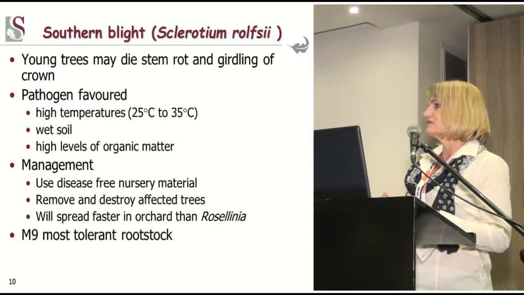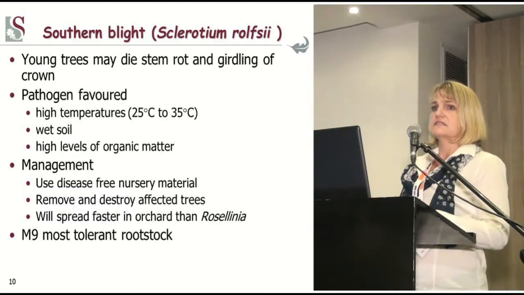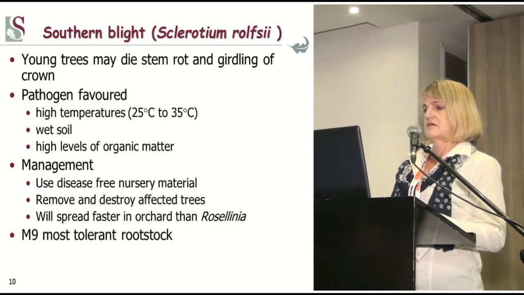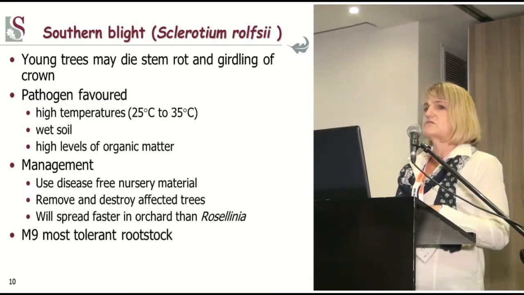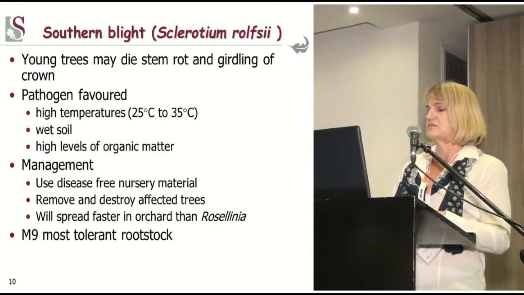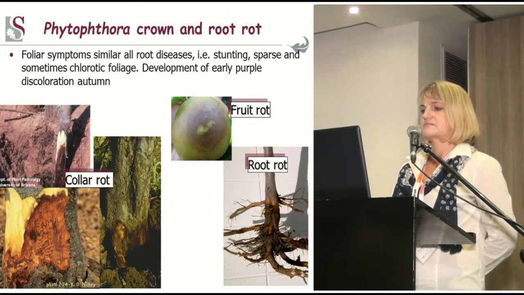So immediately once you see the symptoms, make sure that you identify the disease correctly and remove those trees. There is some tolerance in the M9 rootstock, but this will not prevent the tree from actually getting diseased. So currently there are no tolerant rootstocks.